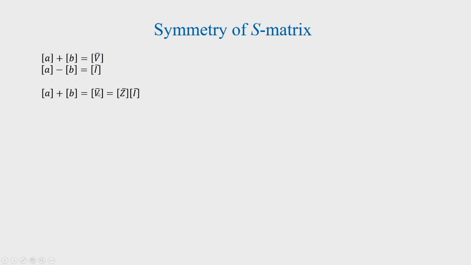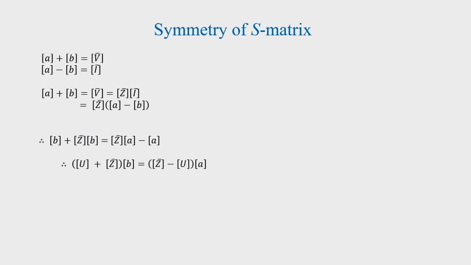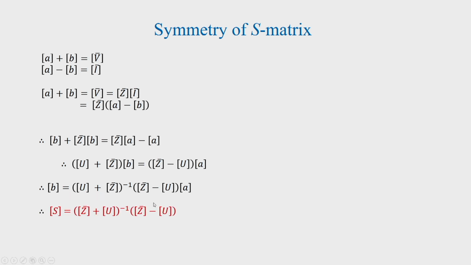Now, V bar can be replaced as Z bar I bar, and then we replace I bar, and then rearranging the terms we can write B to be U plus Z bar inverse into Z bar minus U A. Now, this essentially gives the S matrix, the scattering matrix S, in terms of the unity matrix U and normalized Z matrix.